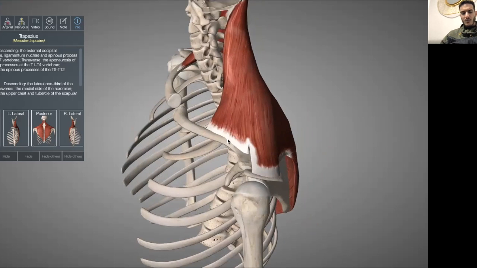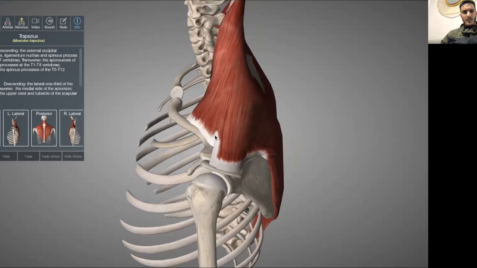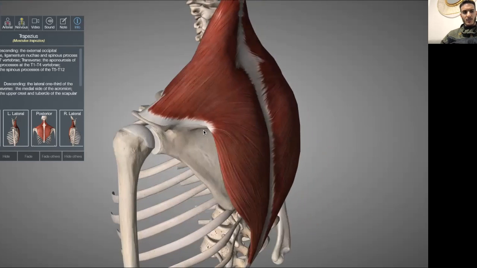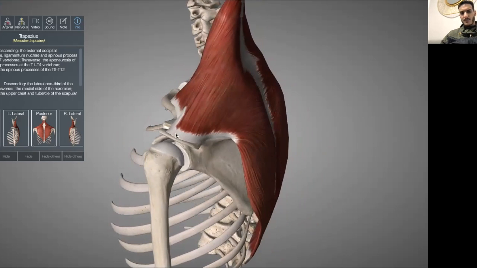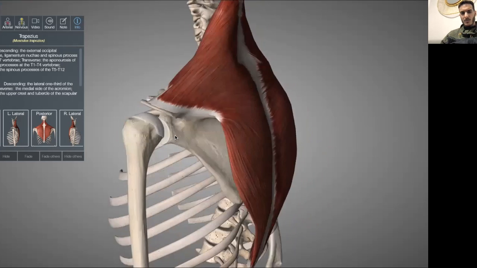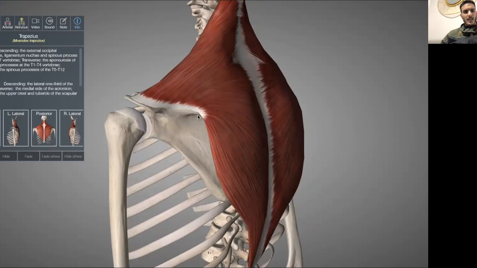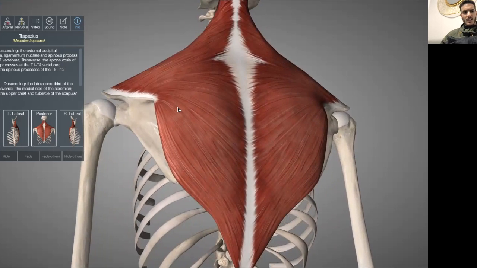The transverse inserts on the medial side of the acromion process of the scapula. And finally, the ascending one inserts on the upper crest and the tubercle of the scapular spine.